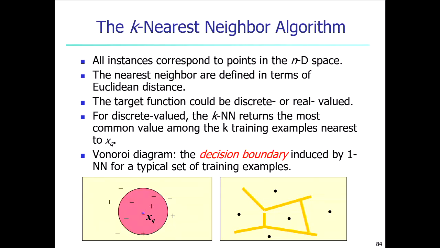Or if you want to predict a value or a point in the space, it will be a real valued target function. For the discrete valued target function, the k-nearest neighbor algorithm returns the most common value among the k training examples nearest to xq. Basically, it first gets the k nearest neighbors of the query in the data set and does majority voting to get the most common label.